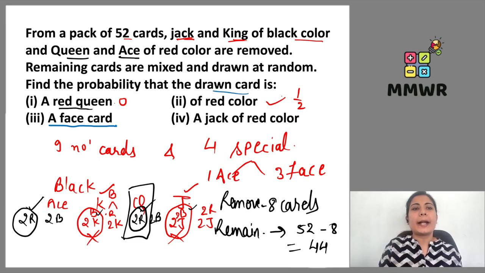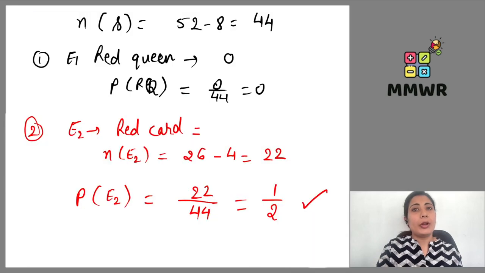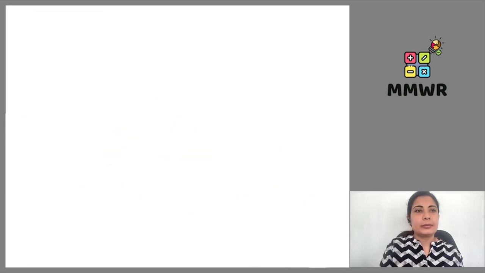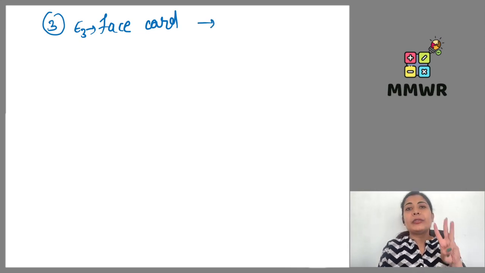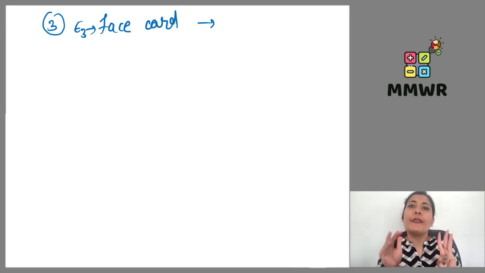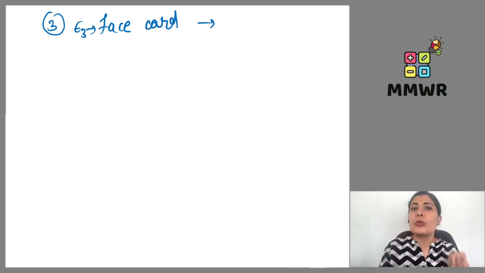Now the next event is face card. The probability that the drawn card is a face card. So the drawn card should be a face card, right? This is event 3. So how many face cards do we have in total? We have 3 face cards, jack, queen, king, each of 4 different categories, which means usually 12.